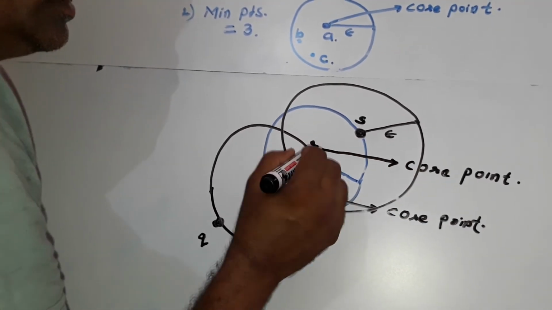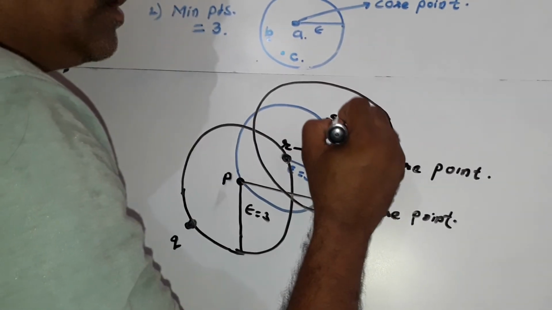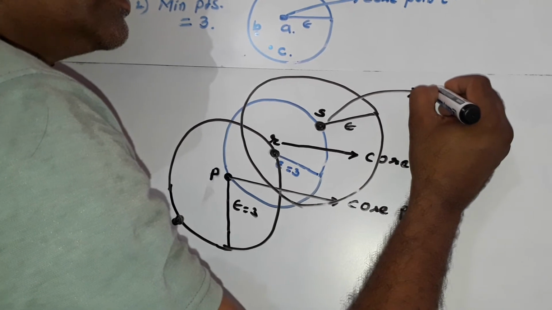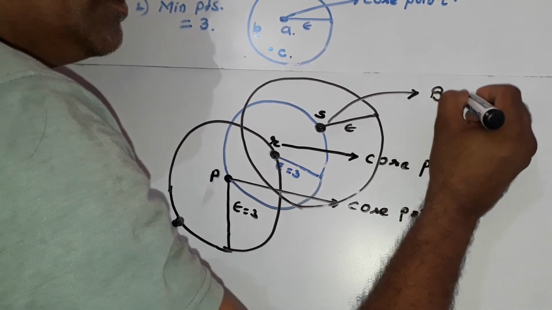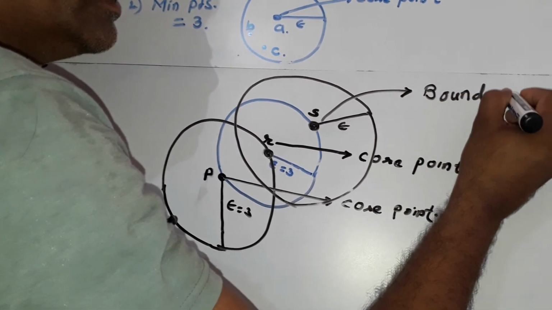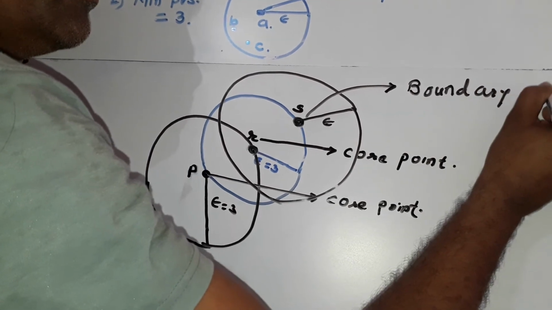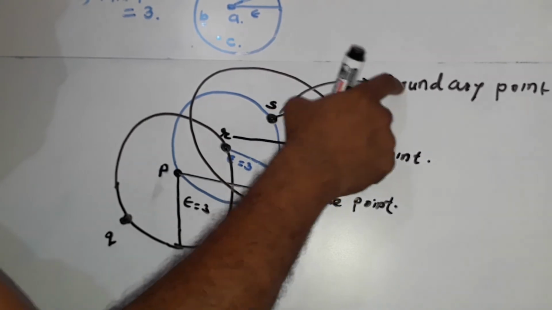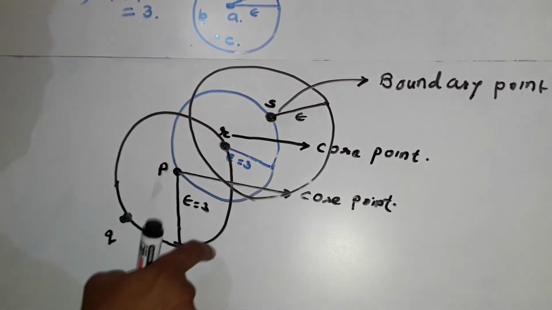So this condition gives me an opportunity to call S a boundary point. This is how we have come across these two terms, core point and boundary point.